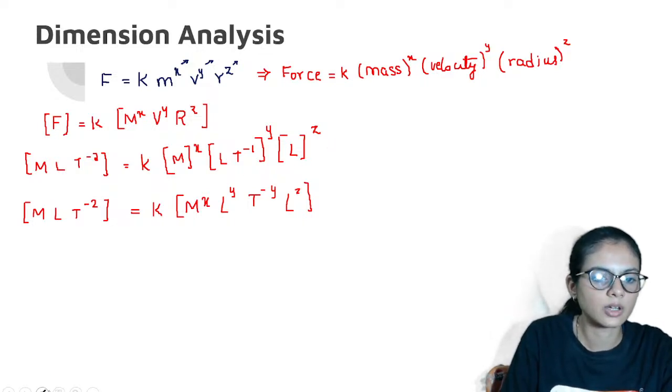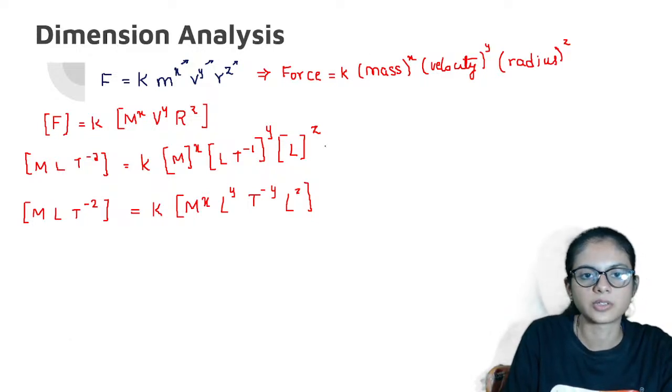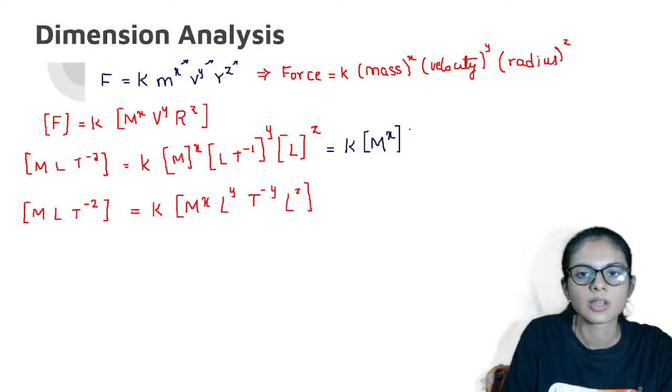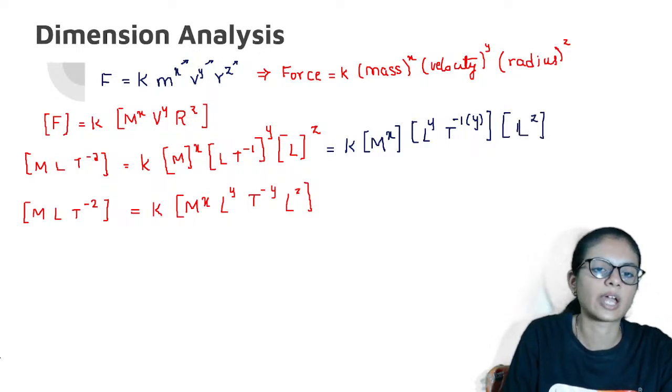If you want it simpler, let me add one more step here. It is K into M power x. I just took it inside the bracket, and there is L here. I'm taking y inside the bracket, so L power y. T minus 1 is there, again introducing y inside the bracket. Same here. I've just taken the powers inside the bracket.